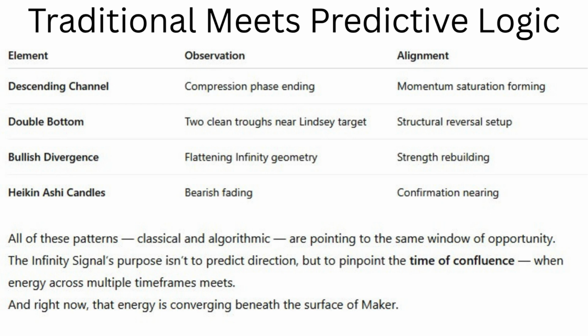Every one of these elements, classical and algorithmic, points to the same conclusion. We're entering a critical time of confluence. That's the infinity signal's purpose, not to predict direction, but to forecast when momentum forces meet across multiple time frames. And right now, that convergence is building beneath the surface of MKR.